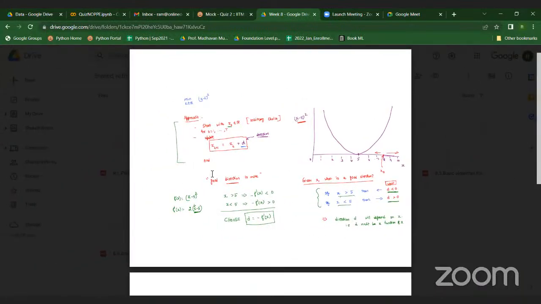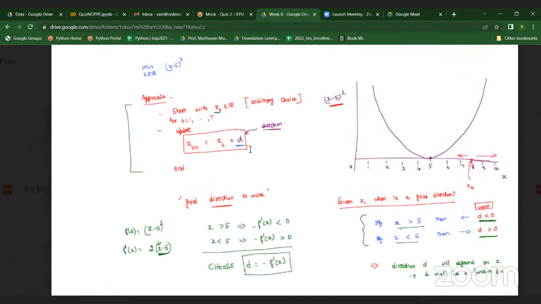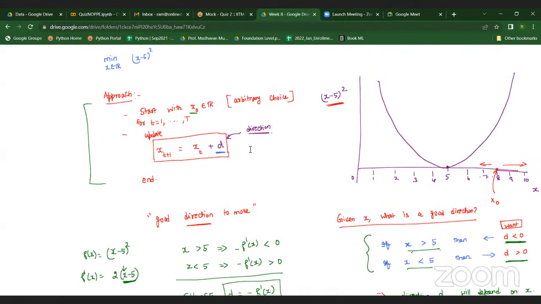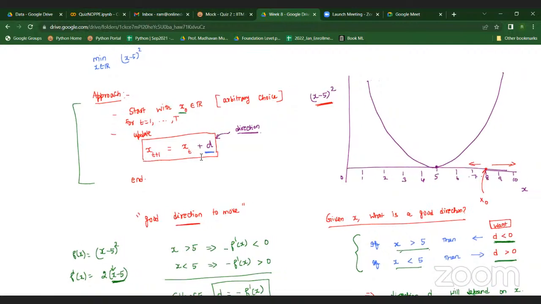In this scenario, we choose an arbitrary x, and from that x value we try to move in the direction of the exact solution. For example, look at x minus 5 whole square. You do not know that x equals 5 is the solution. So you could take some value like 9, 8, or 2, 1, or maybe luckily you could have chosen 5.